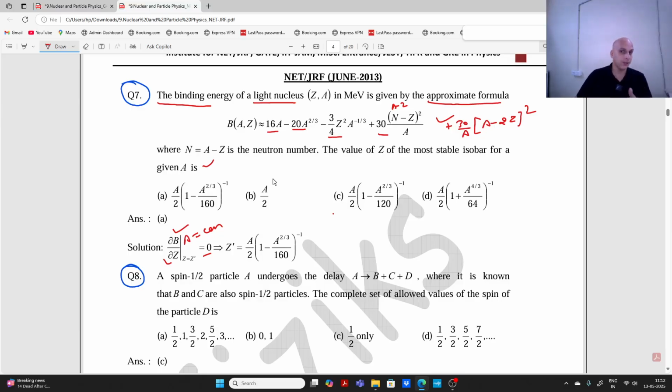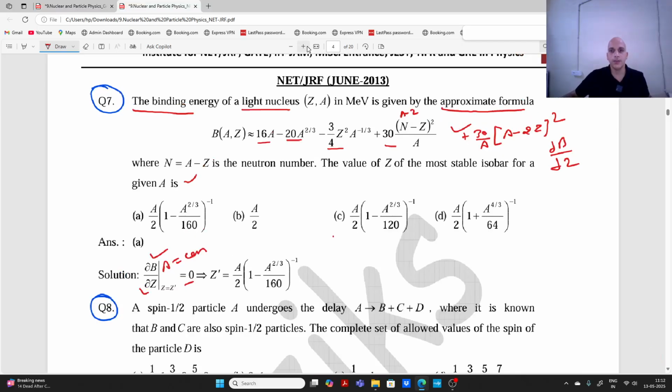But here you are already given the mass formula. So simply what I have to do is take dV by dZ, keeping in mind that A is constant. When I take dV by dZ, what will happen? Let me expand it further so that calculations can be done quite easily.